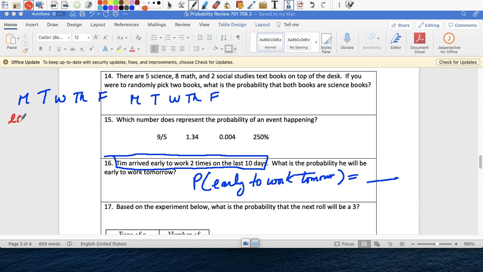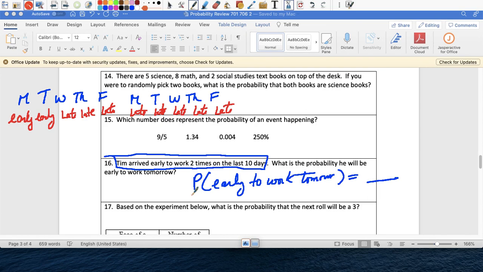So he was early to work 2 times. Let's say he was early Monday, and on Tuesday he was early, which means on Wednesday he was late, Thursday late, Friday late, Monday late, Tuesday late, Wednesday late, Thursday late, Friday late. So think about this.